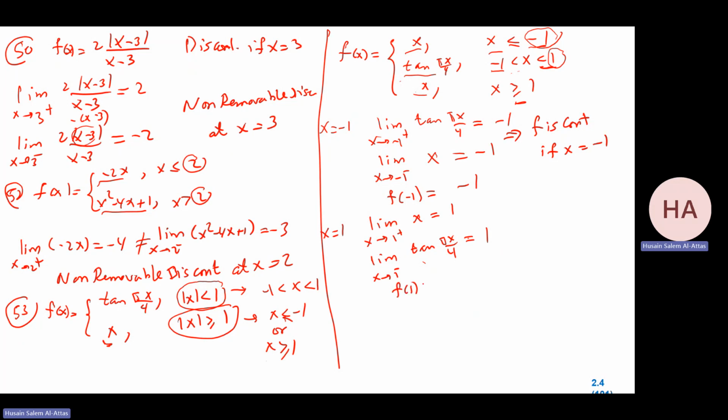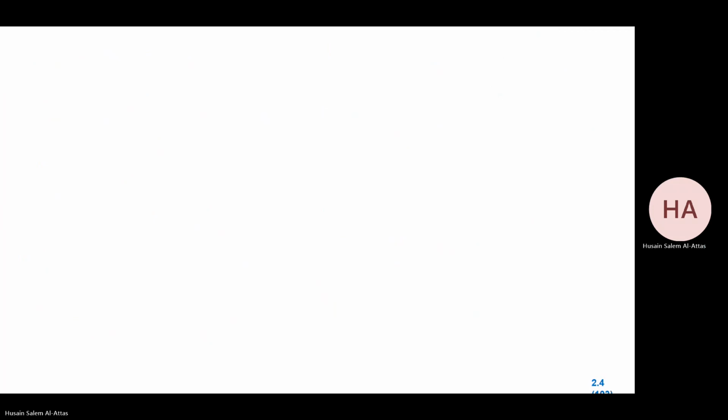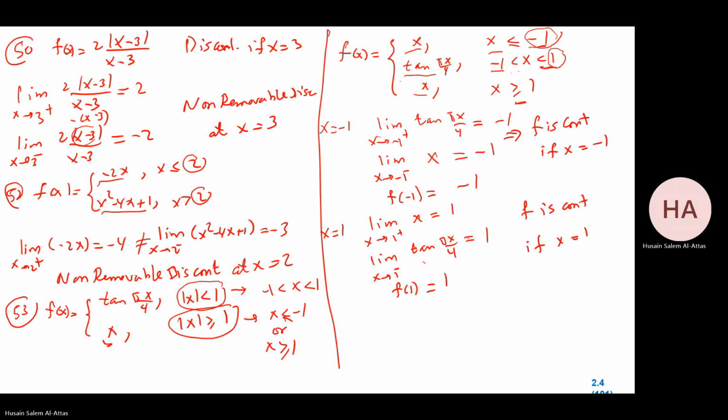And f at 1 is 1. So it's continuous at x equal 1. So the function is continuous everywhere. This is 53.